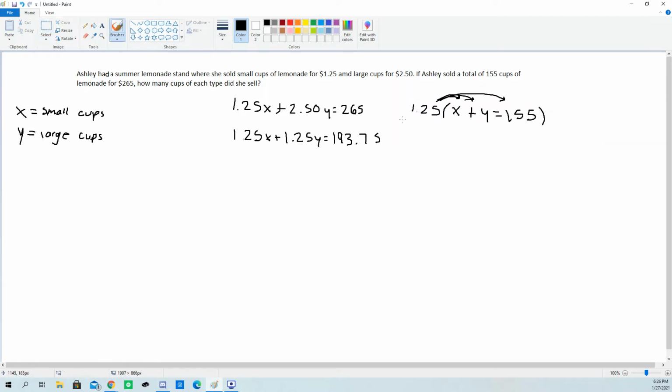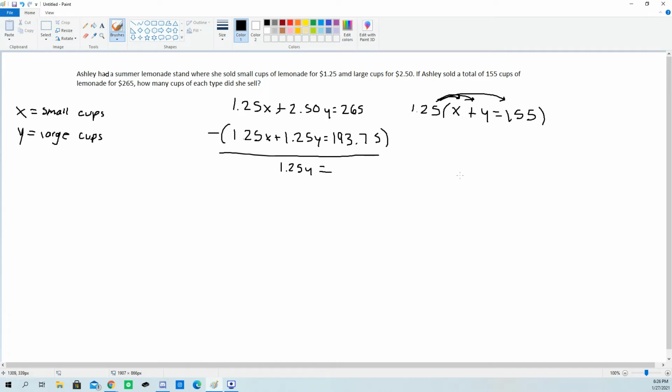Okay. So then what we can do, if we want to cancel out x, is subtract these. So that gets us 0x plus, let me do 250 minus $1.25, gets us $1.25y. That's confusing there, but hopefully you can see that I subtracted $1.25 times 250.